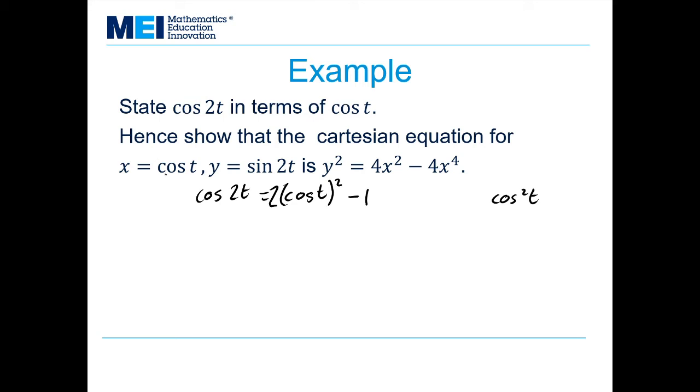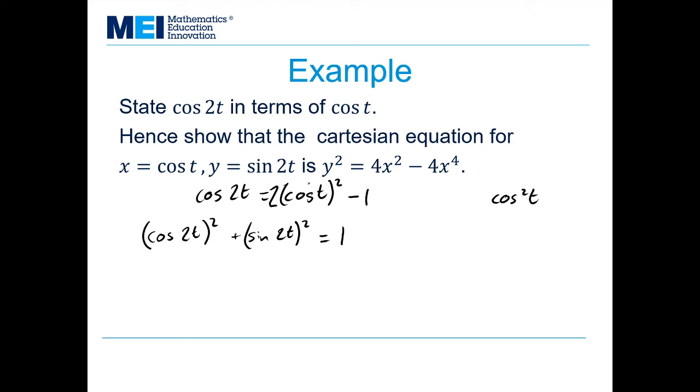Now, hence show that this can be written like this. Well, I'm going to use the fact that I know that cos squared plus sine squared equals 1, and I'm going to consider cos of 2t all squared plus sine of 2t all squared, which I know is equal to 1.